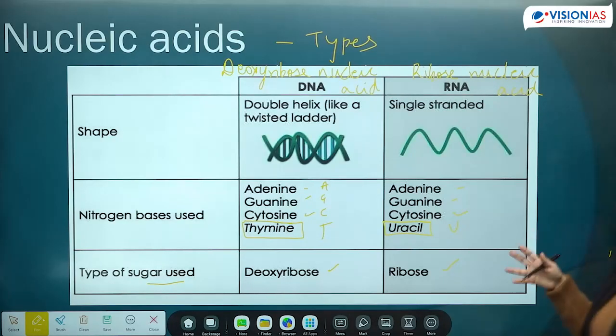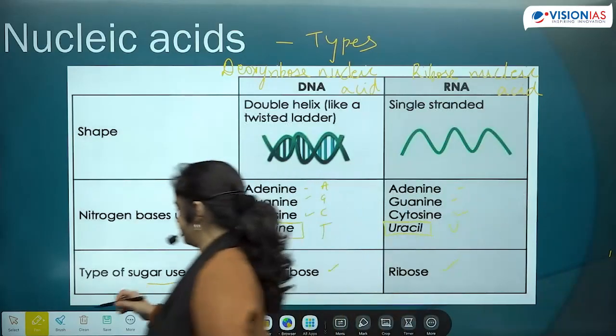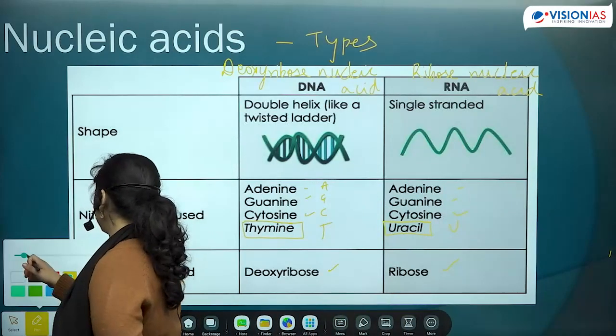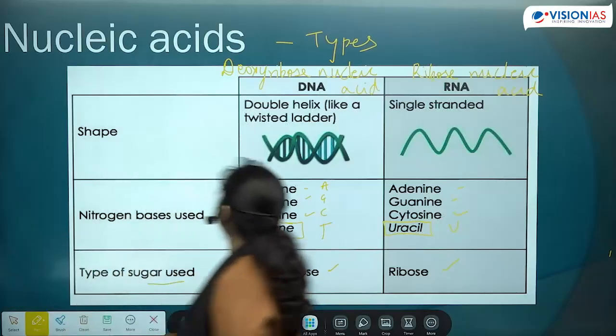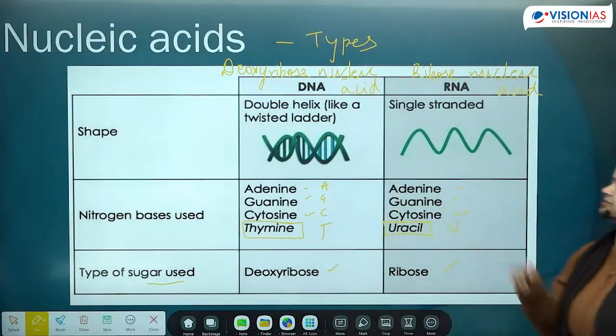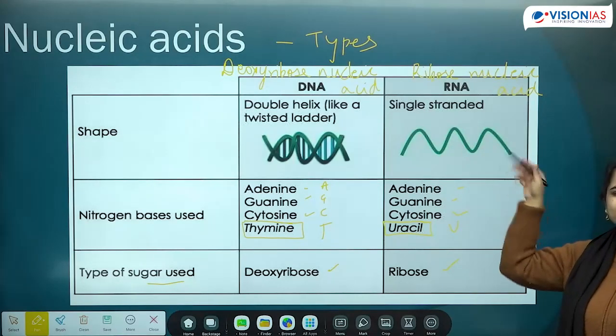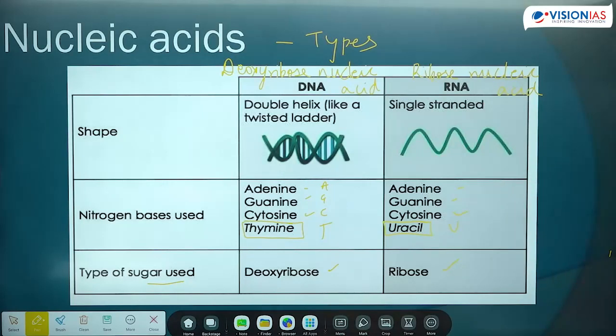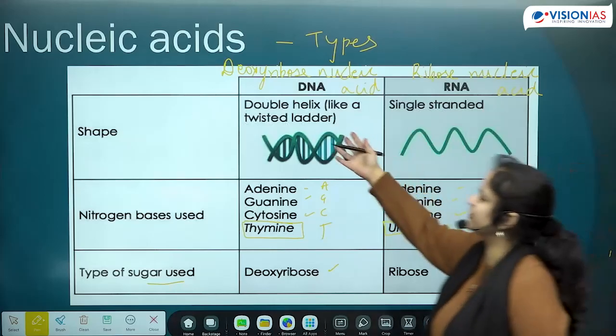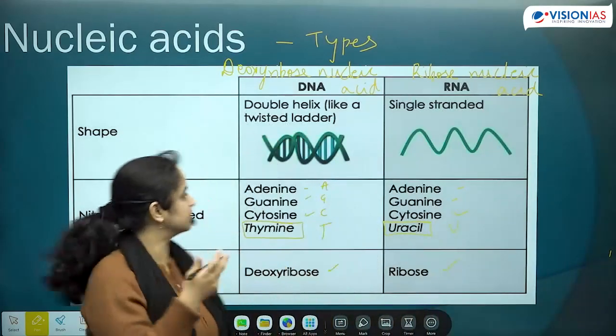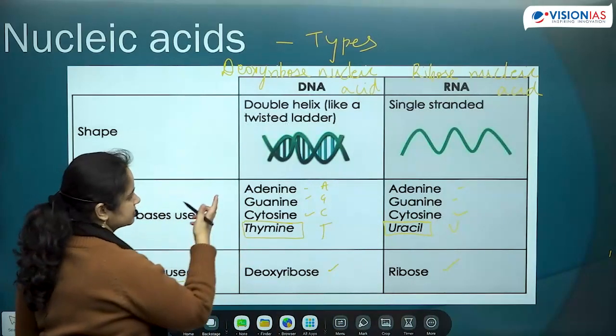Now the whole arrangement, the structure, if we talk about, we find that the structure of RNA is single-stranded. Single-stranded means there is one chain, one ribbon-like thing, one strand. RNA is single-stranded, but when it comes to DNA, actually no need to write this term. We still have to come to this term double helix. We'll understand what this is.